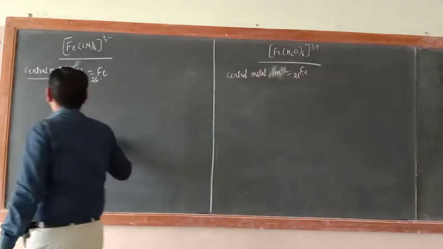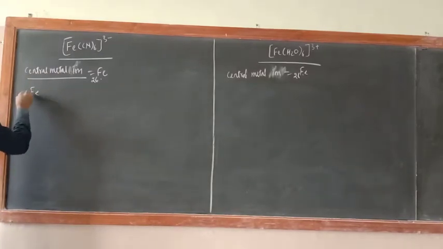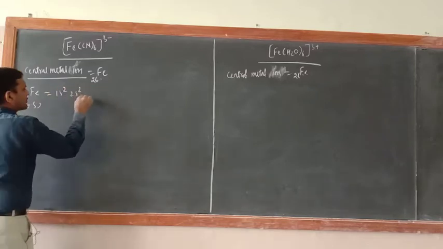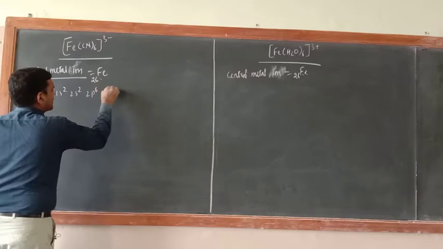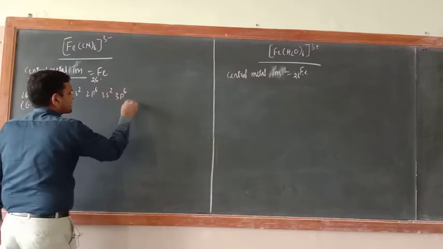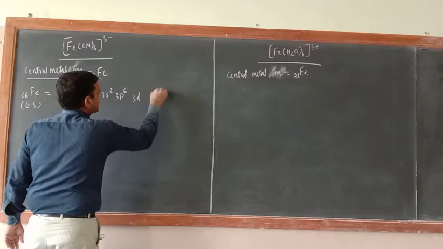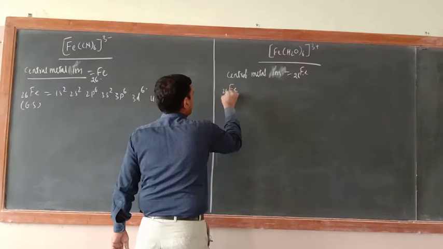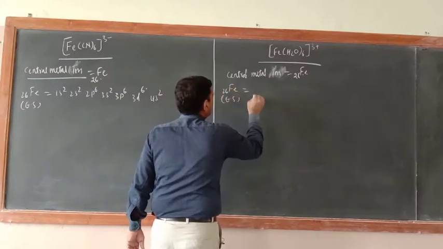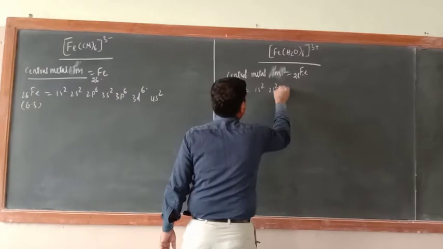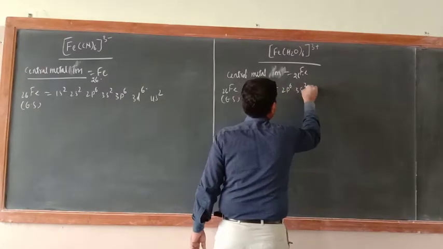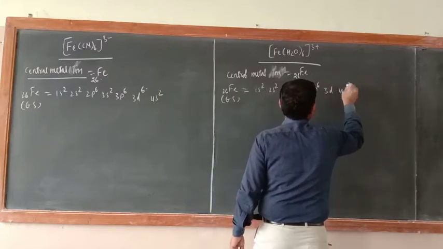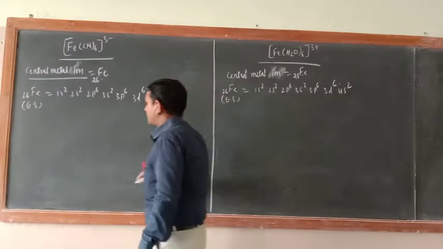So iron 26 in ground state, what is this one? 1s2, 2s2, 2p6, 3s2, 3p6, 4s2, 3d6. Correct or not? Here also iron 26 ground state: 1s2, 2s2, 2p6, 3s2, 3p6, 4s2, 3d6. This is the ground state.